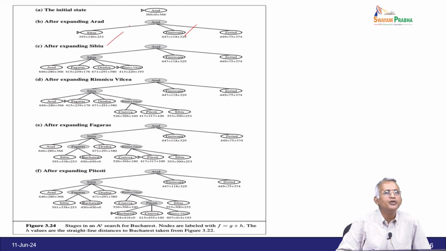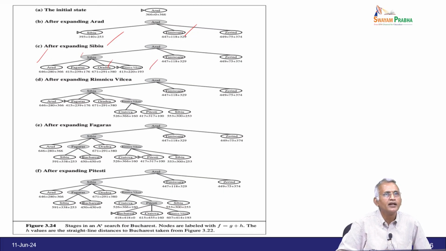After expanding Sibiu, we go to the 4 subdivisions: Arad, Fagaras, Oradea and Rimnicu Vilcea. Arad is 646, which consists of 280 plus 366, and Fagaras is 415 equal to 239 plus 176. Oradea is 671 equal to 291 plus 380, and Rimnicu Vilcea is 413 equal to 220 plus 193.